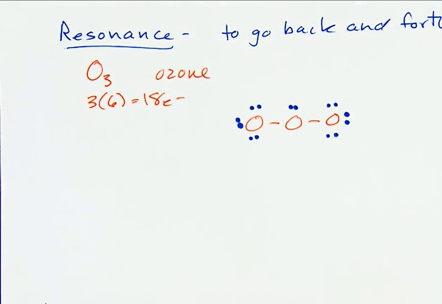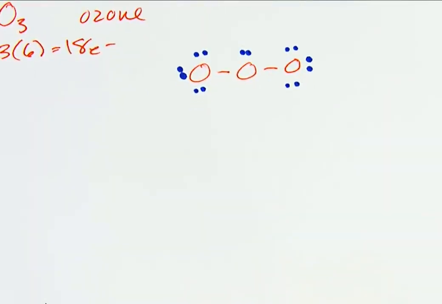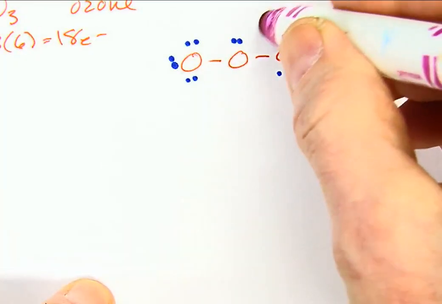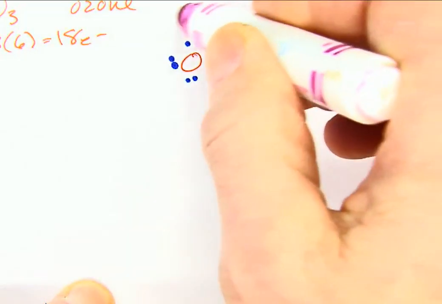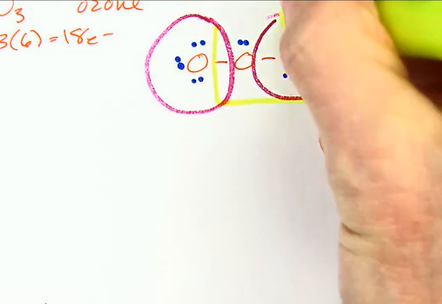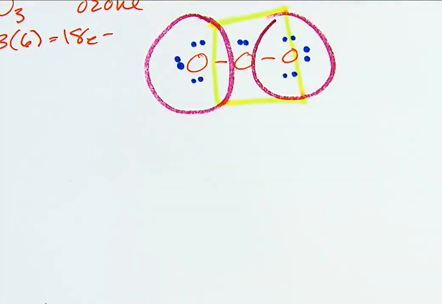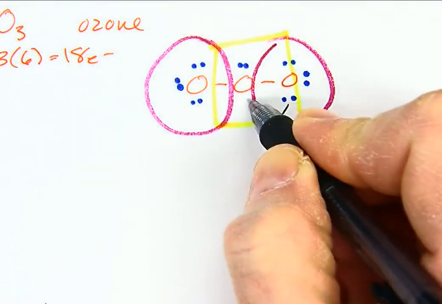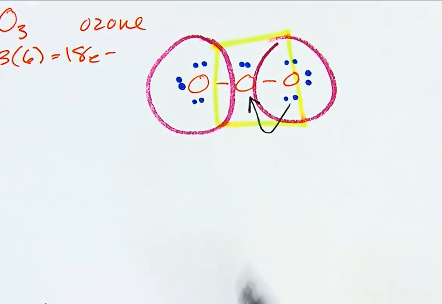There's a reason why I draw them on the outside, because now we'll see that the central atom is deficient. We can see that there are 8 electrons here, 8 electrons here, but in the central atom there's only 6. So what we're going to end up doing is sharing these 2 electrons with the central atom.